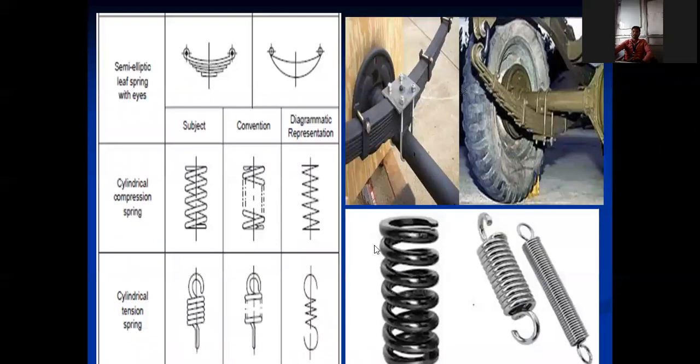Further types are there. So here you can see leaf spring with eyes. Actually here I have kept one picture. Are you observing in the picture? Actually one photo of a trailer I have kept here. दिसतोय का तुम्हाला? Are you able to see?